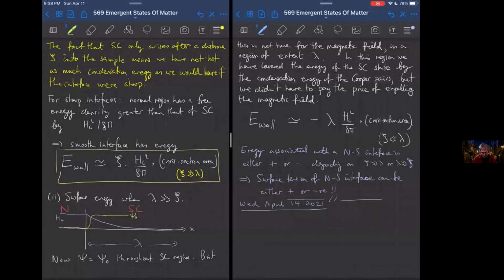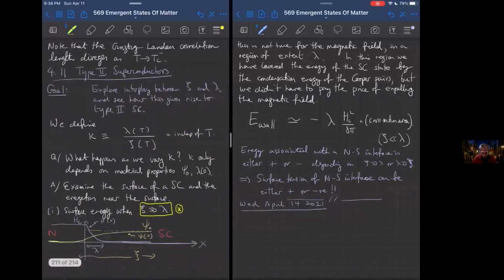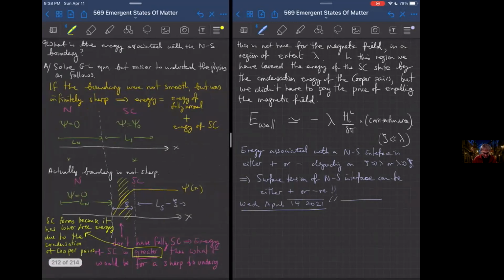In one limit, we calculated when the correlation length was much larger than the penetration depth. And in that limit, what we saw was that there was a small region of order xi where the superconductor did not gain condensation energy, did not get the full benefit of having a condensate.